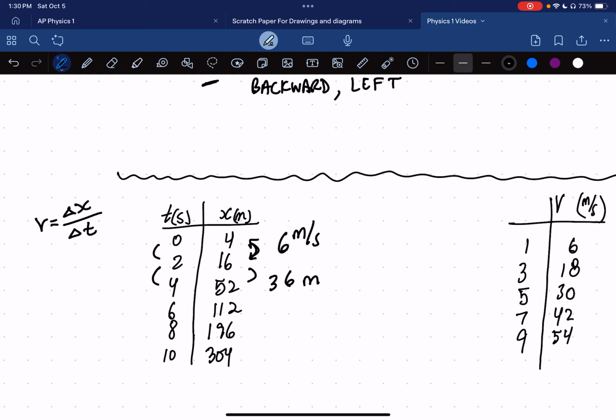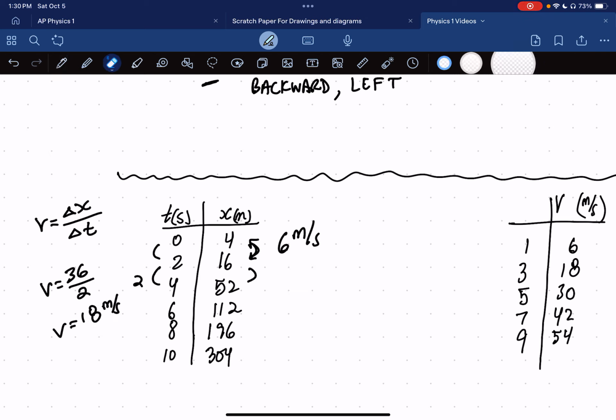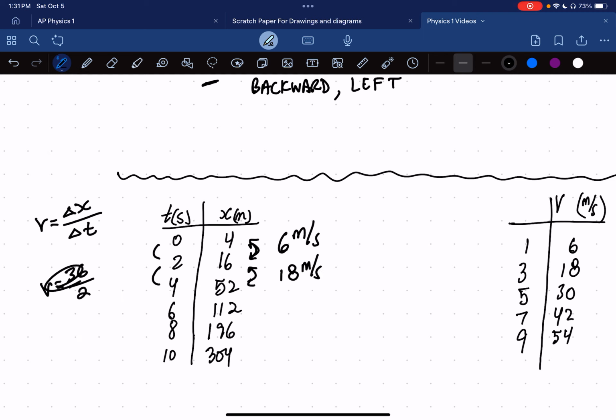It's right to me. The difference in time here is again 2. So 36 over 2 looks like 18 meters per second. So this object is increasing in speed, increasing in velocity.